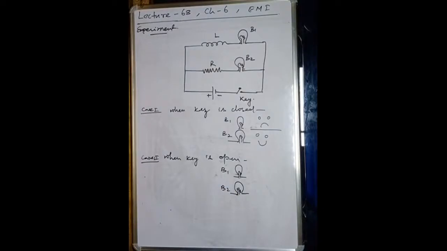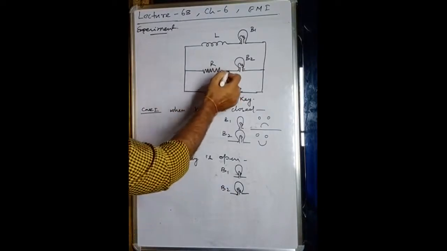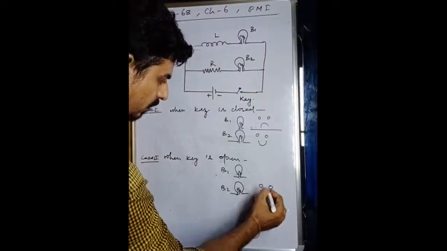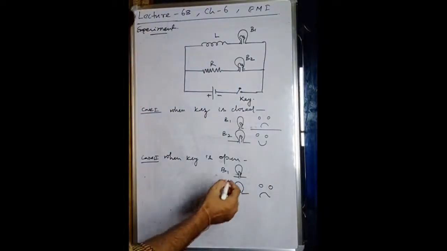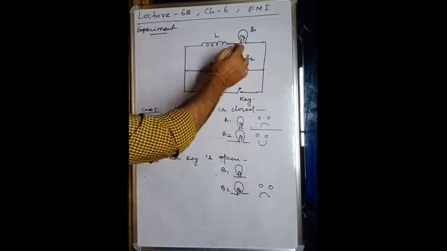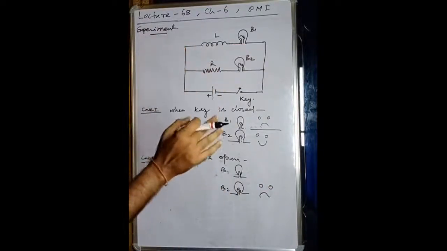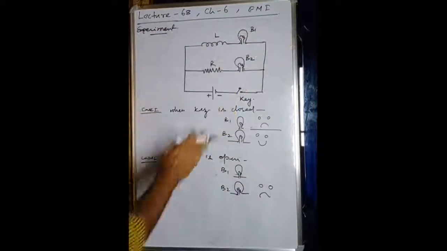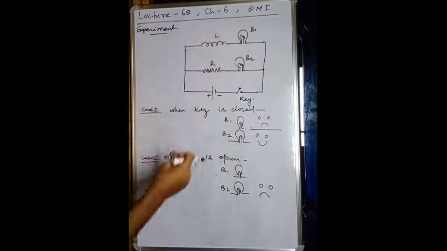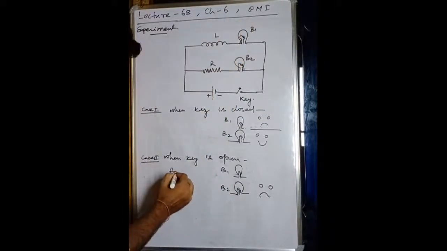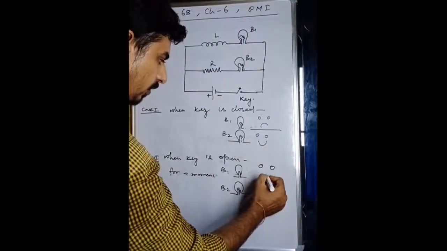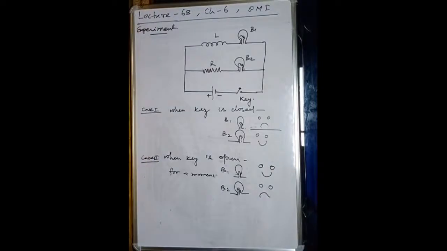As soon as the key opens, the current through the resistor vanishes, so bulb B2 goes off. Through bulb B1, the current will keep moving in this direction for a very short interval. For a moment, the back EMF will support the current in this direction and the bulb will glow for a moment. This bulb will glow with its maximum power, and after that both will go off.